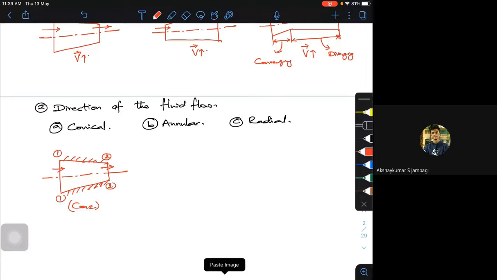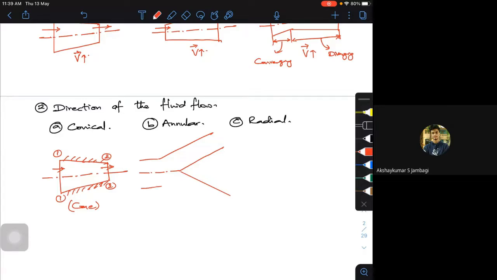Now, what is annular? Annular means having some kind of a branch. Say we have an axis something like this. There is one branch that will go in the top direction, and another branch will go something like this. One more branch can go like this, and there may be one more branch something like this.